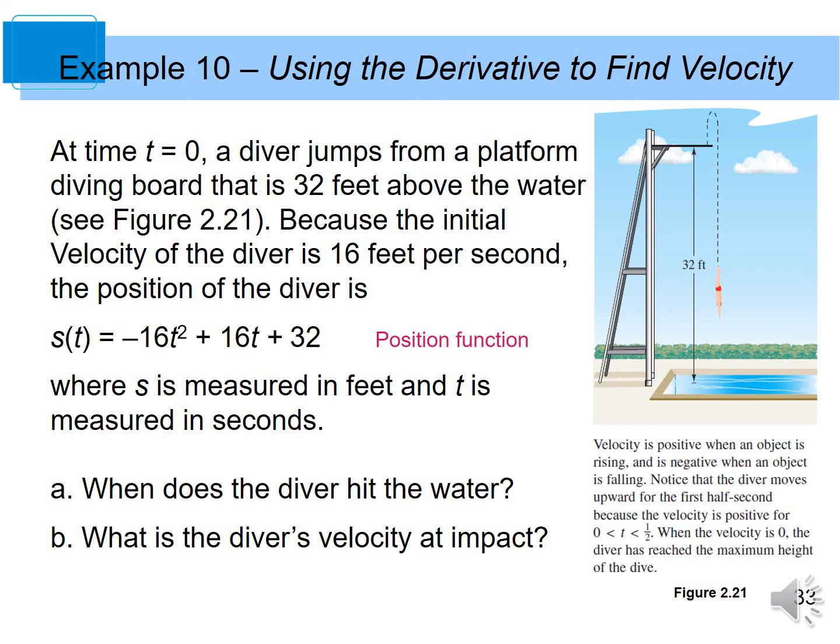Because the initial velocity of the diver is 16 feet per second, the position of the diver is given by this function, where s is measured in feet and t is measured in seconds. When does the diver hit the water? And what is the diver's velocity at impact?